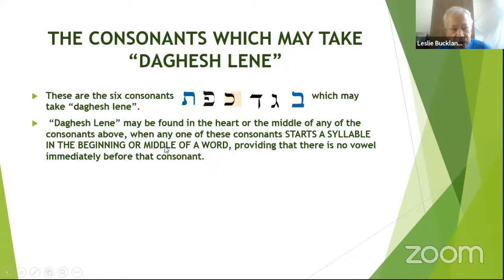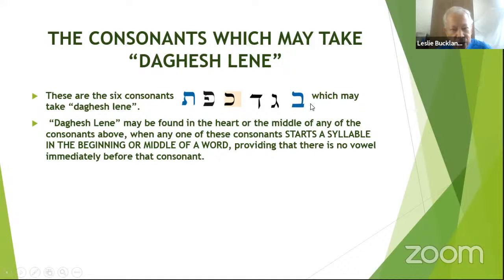Condition number 3, if it starts a syllable in the middle of a word, you can put the Dagesh Lenny in it. Condition number 4, if there is no vowel immediately before the consonant that you want to put the Dagesh Lenny in, then you are free to do so.